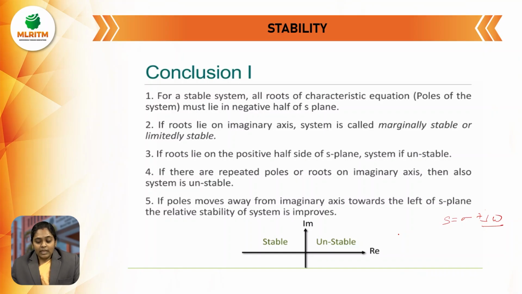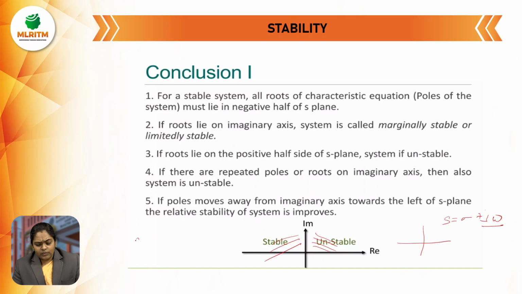So if we take the characteristic equation, if all the poles are lying in the left half of the S plane, then such a system is called a stable system. If the poles are lying in the right half of the S plane, then it is called an unstable system. Let me take an example.